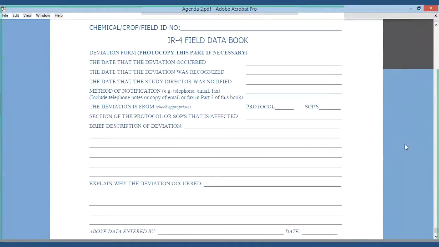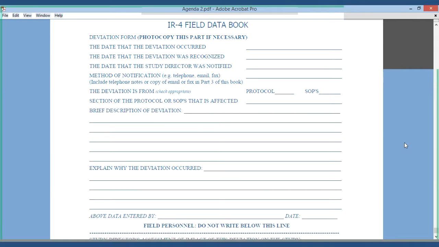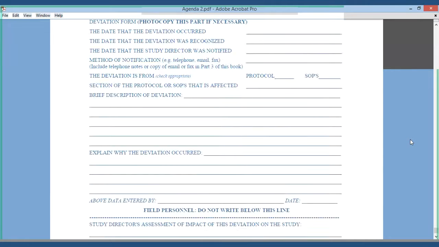So this is a deviation form. So you'd include information such as the date the deviation occurred, when it was recognized, when the study director was notified. In other words, when did you let me know that there was a problem in the field? How did you notify me? Did you notify me by telephone? Did you send me an email?